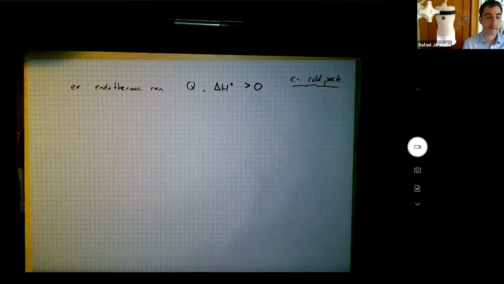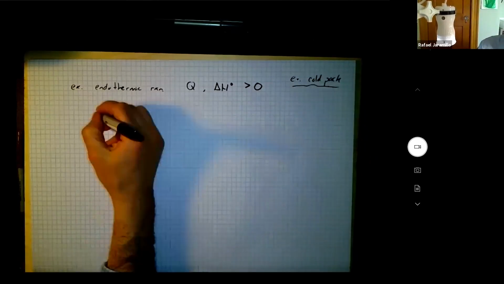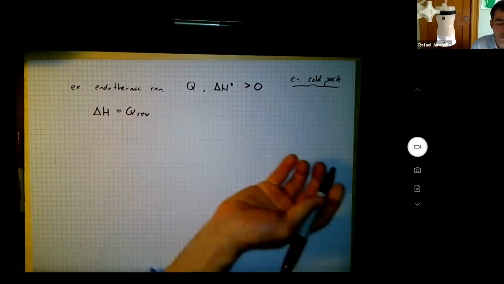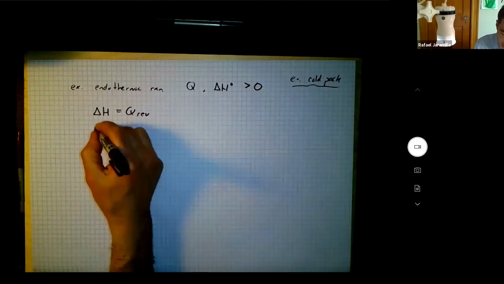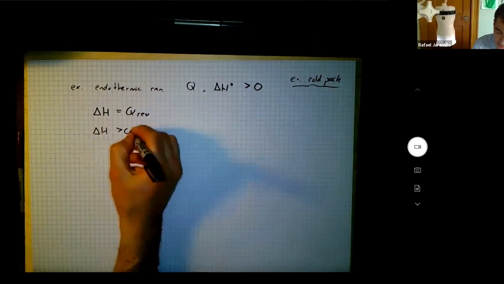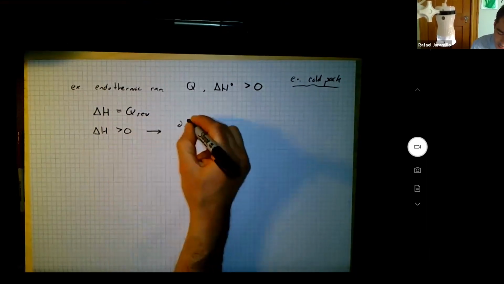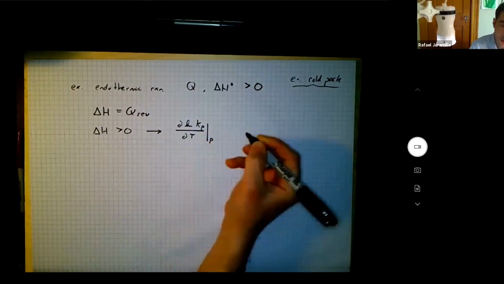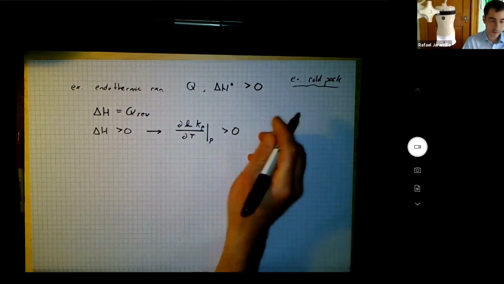Sorry, instant cold pack. Delta H equals reversible heat for the reaction. Delta H greater than 0 means d log Kp dT at fixed pressure is greater than 0.